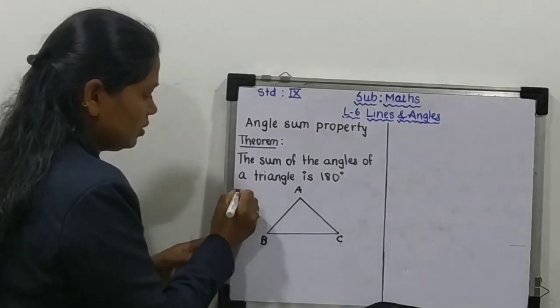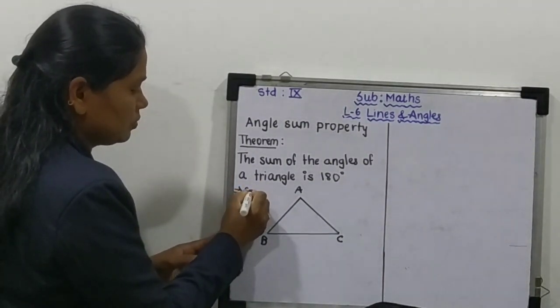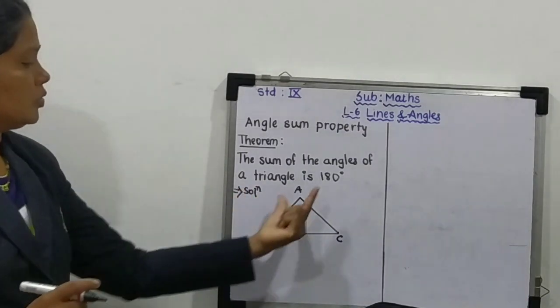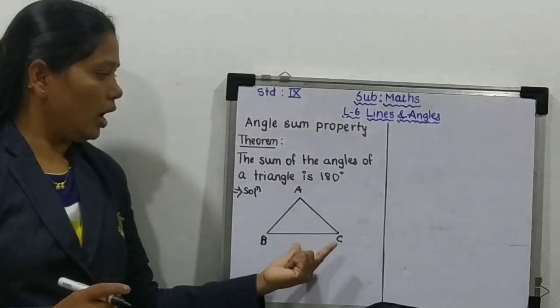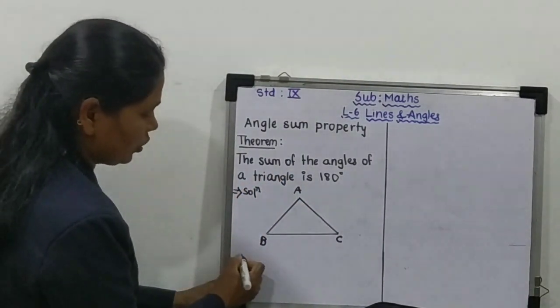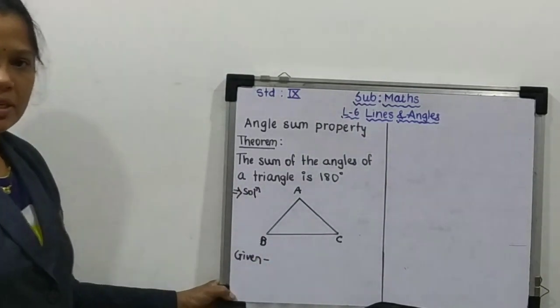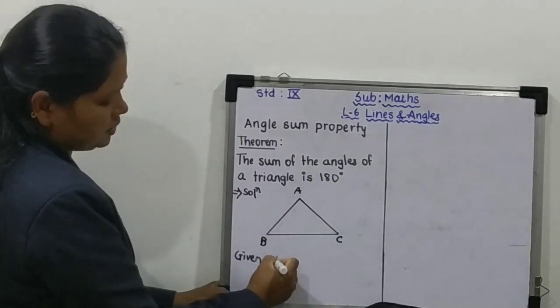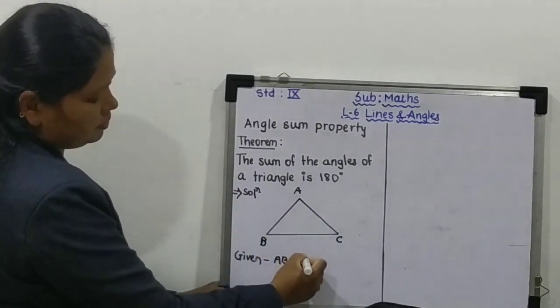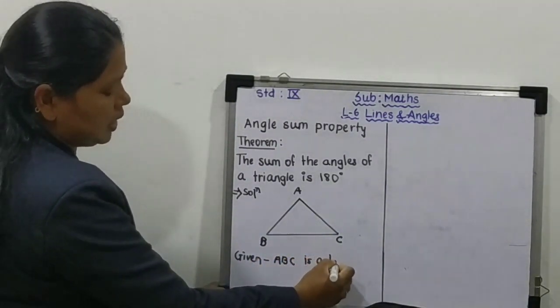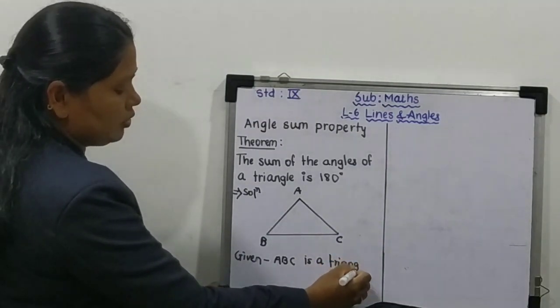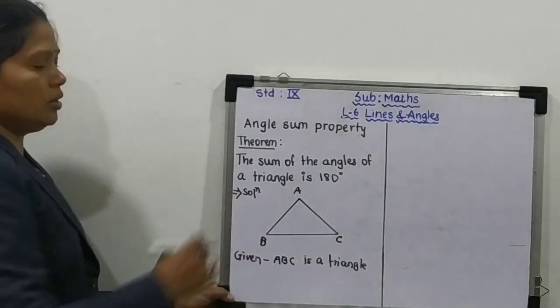So from here we are doing the solution. ABC is a triangle drawn. After this, we write the given. Now what is given in this? ABC is a triangle. Bas, this much information only we write in the given.